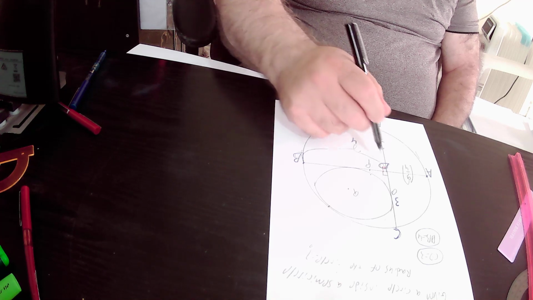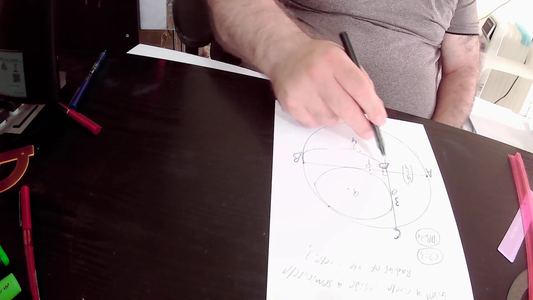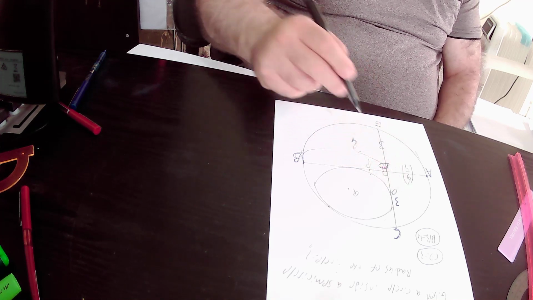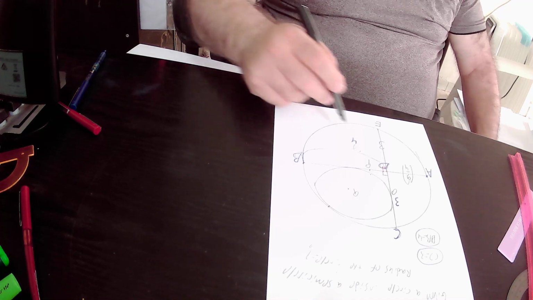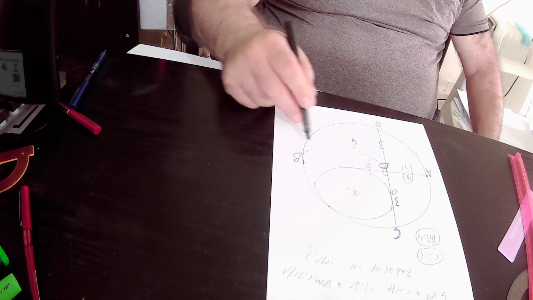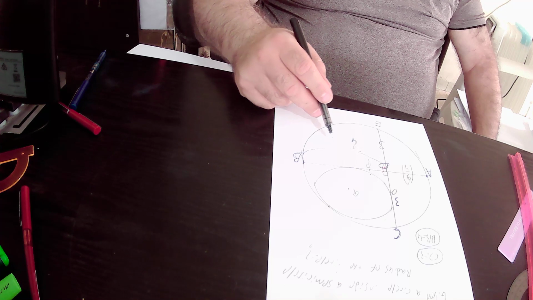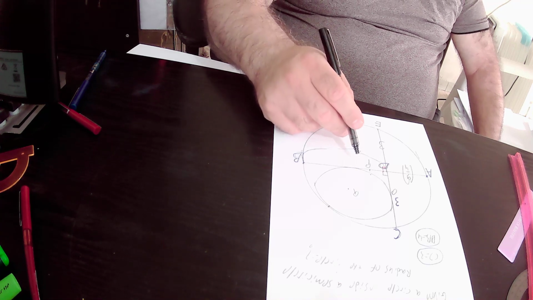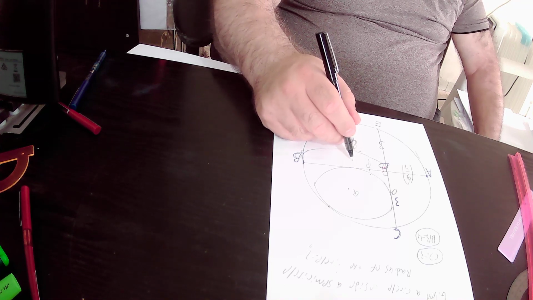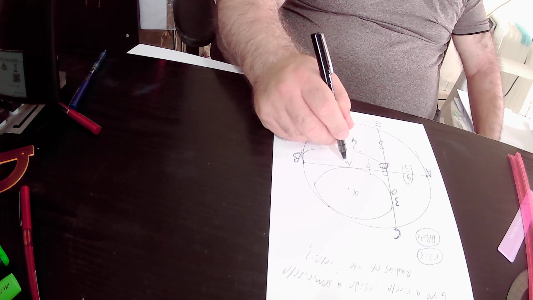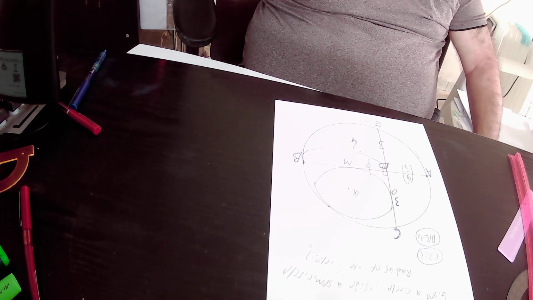Again, point O is the point of tangency of tangent CD with this whole circle, and we will also define the point of tangency of this tangent DB with this small circle as point M.